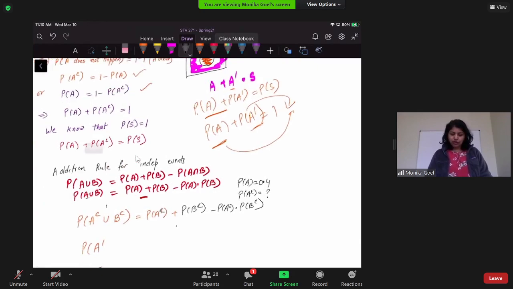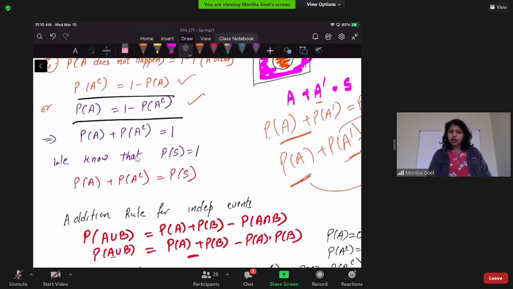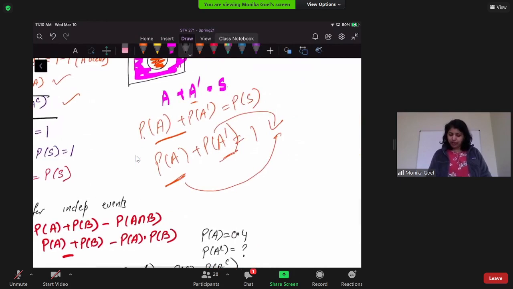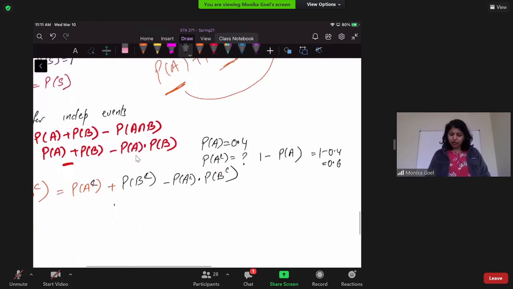If you are looking for the probability of A complement, it is 1 minus the probability of A. And you have the probability of A. So the probability of A complement is 1 minus 0.4, which is 0.6. Similarly, if you know the probability of B, you can find the probability of B complement and plug these values.